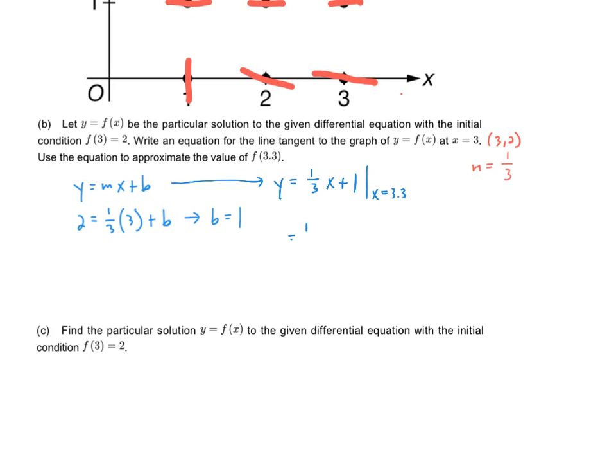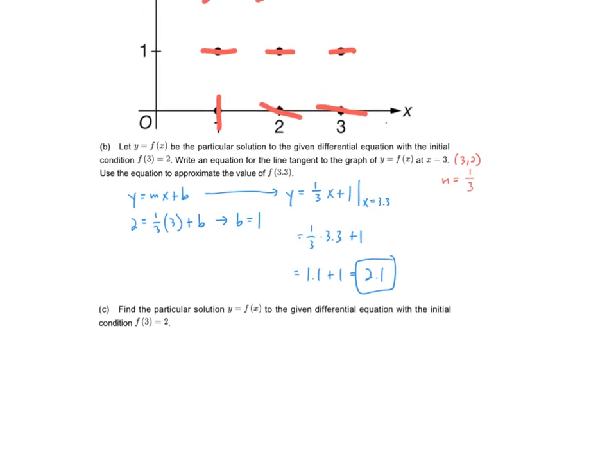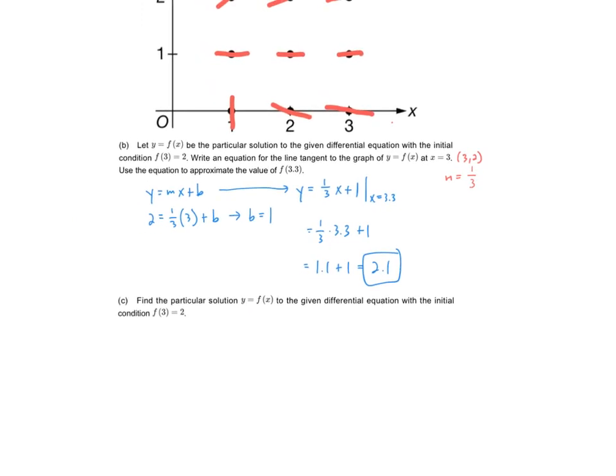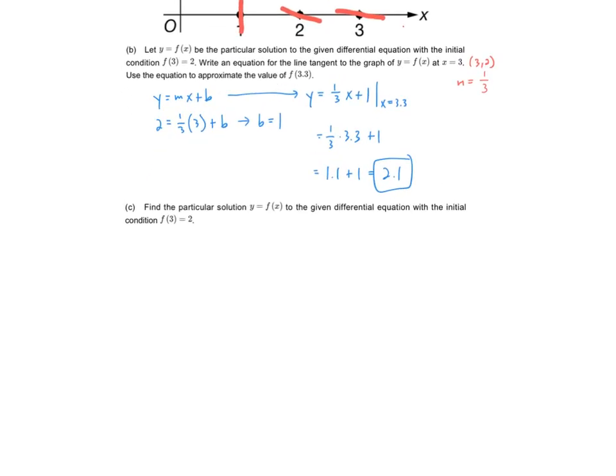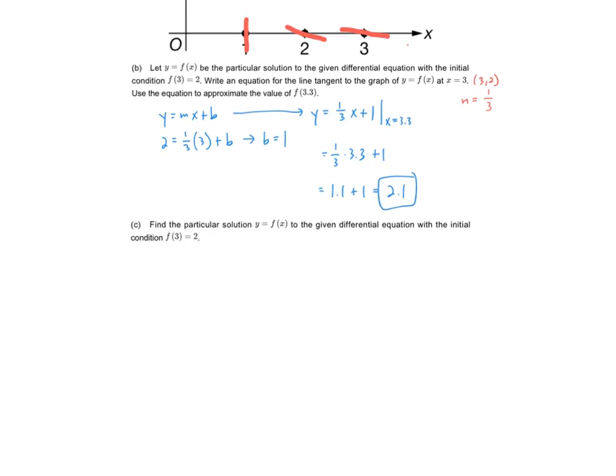So this is 1/3 times 3.3 plus 1. 1/3 of 3.3 is 1.1, and that's 2.1. Checking, 2.1, yeah.